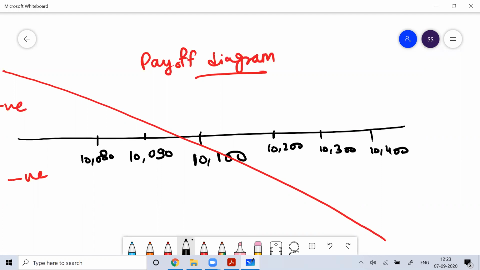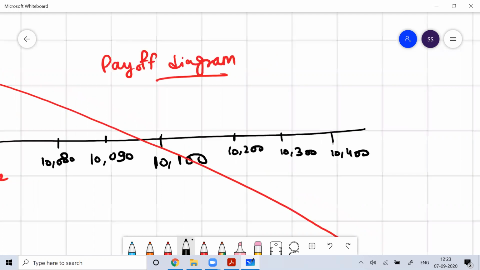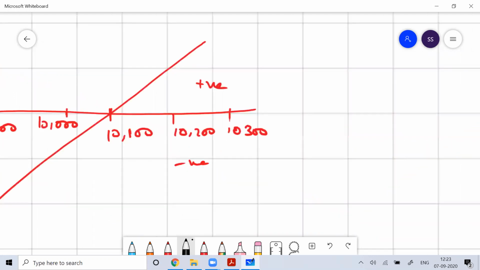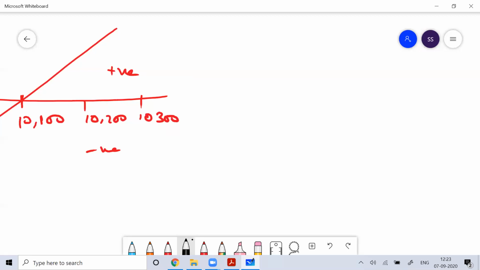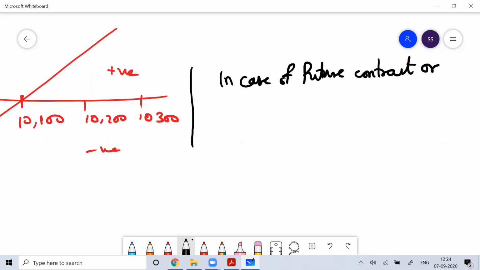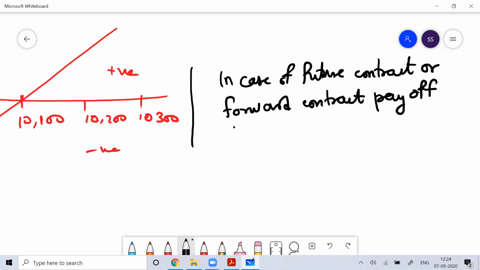Whenever we talk about forward contract and future contract, the payoff diagram is always linear. So remember, in case of future contract or forward contract, the payoff diagram is linear.